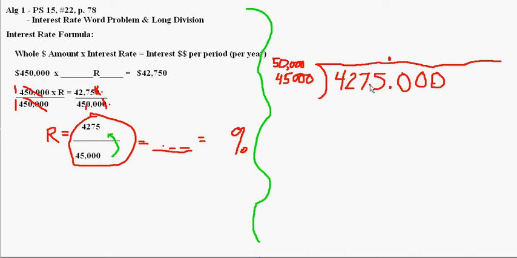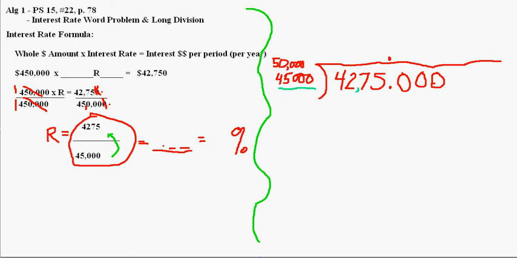And the next thing we're going to do, very important, is we're going to say, okay, can 45,000 go into 4? No. Can 45,000 go into 42? No. 427? No. Can 45,000 go into 4,275? No. Can 45,000 go into 42,750?